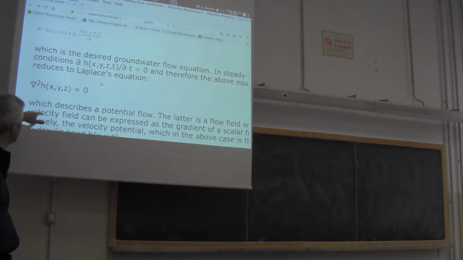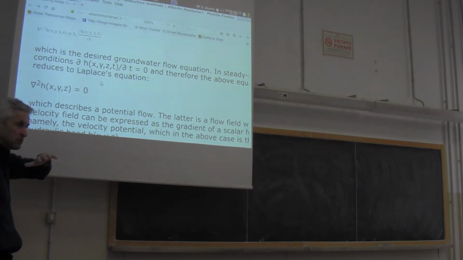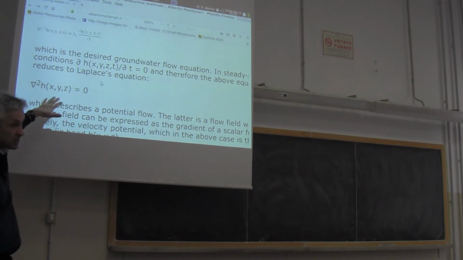This is a Laplace equation, by the way, which, if you remember from physics, describes a potential flow. If you don't remember, don't be concerned. This is something that you don't need to take into account in order to get a conceptual understanding of what we are doing. But in physics, this is a Laplace equation which describes a potential flow. And basically, what is the potential of the flow?